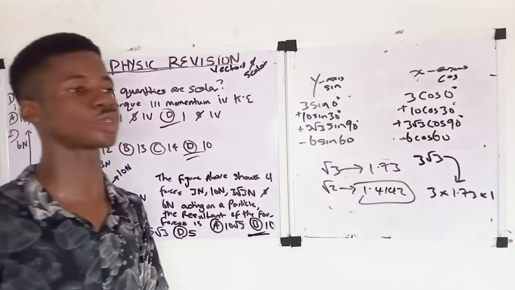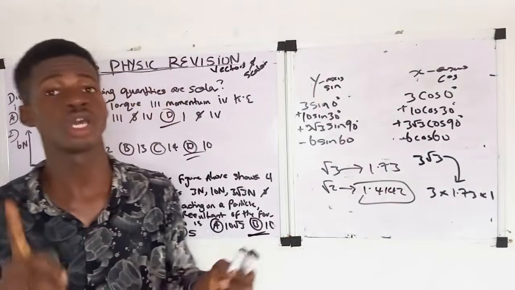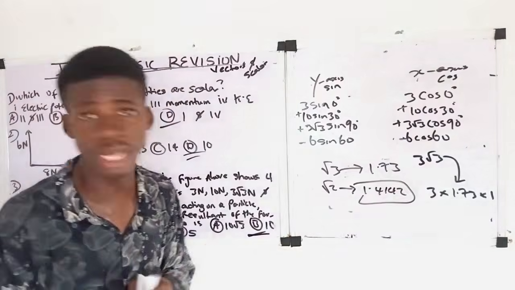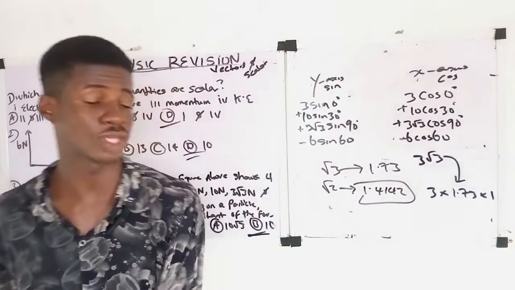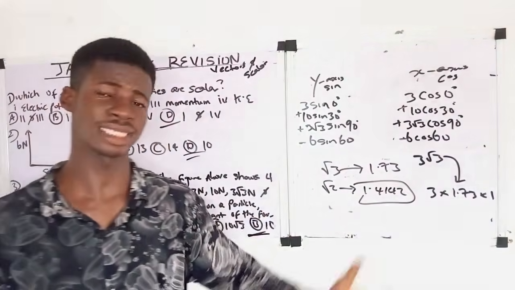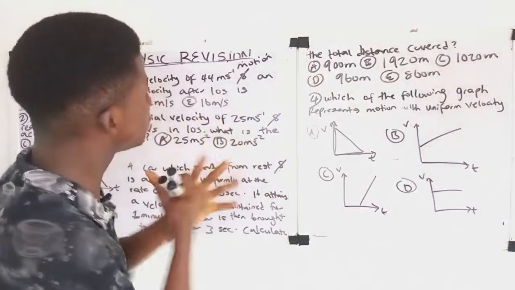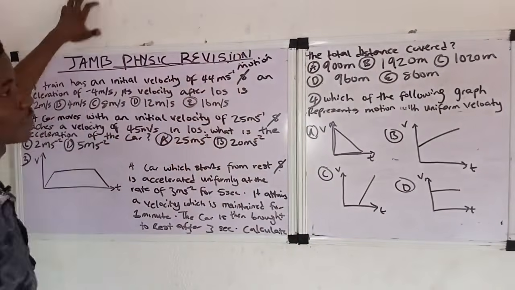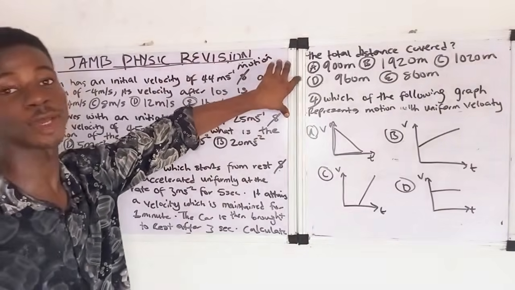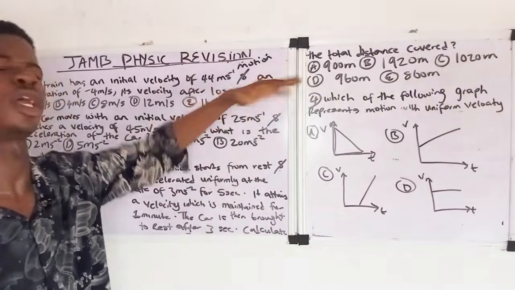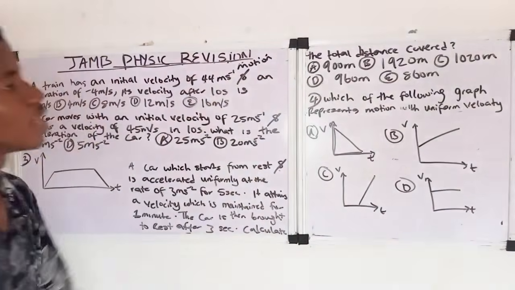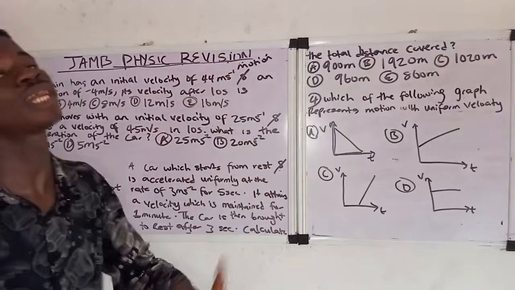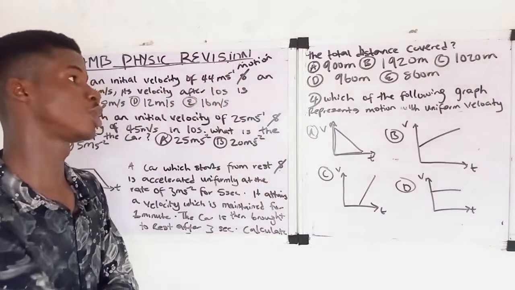Under this, we'll do questions on linear motion, projectile motion, circular motion, and momentum as well. So we are in the next part of physics, which is motion. These are places you usually expect questions from.